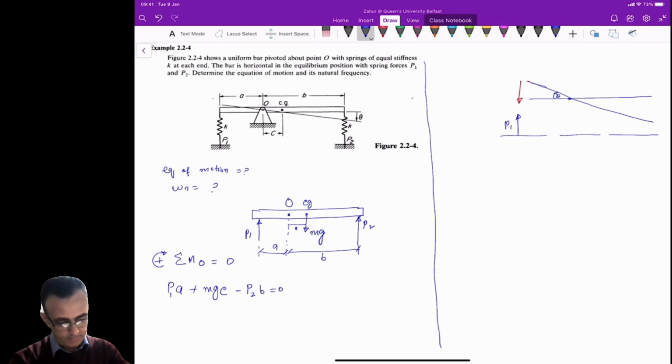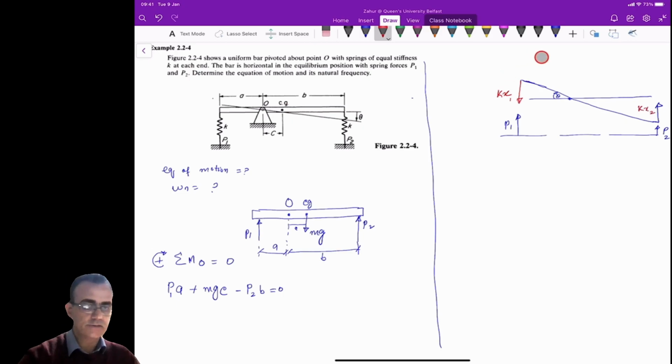This is obviously kx, and x is obviously the deflection at this location. And similarly, here you have P2, and because the body is moving downward, the spring force will be in this direction. So you can call it maybe kx1 and kx2, because the spring constant is the same.